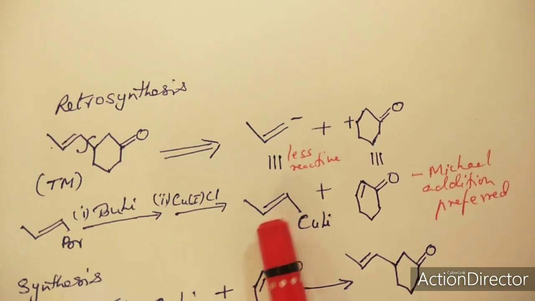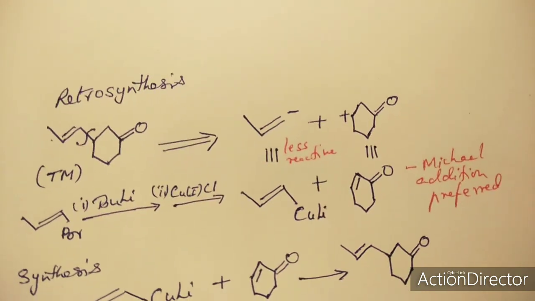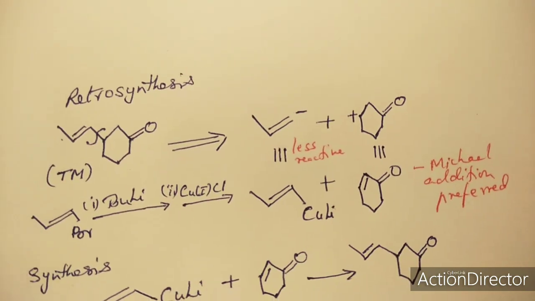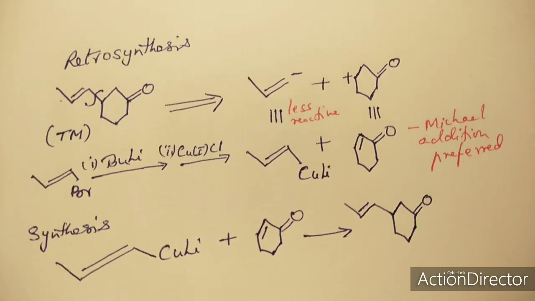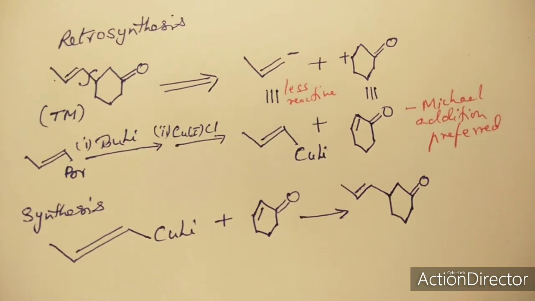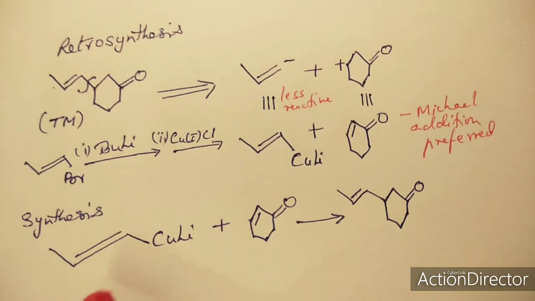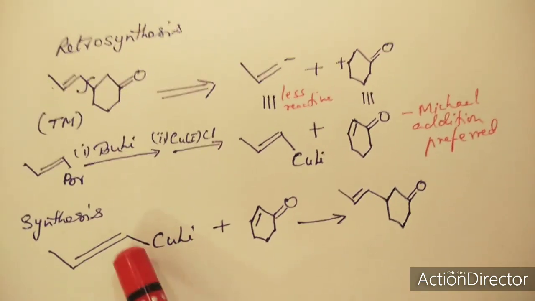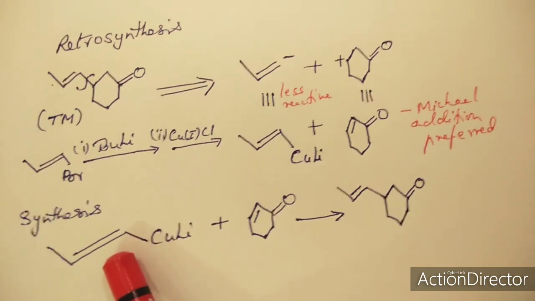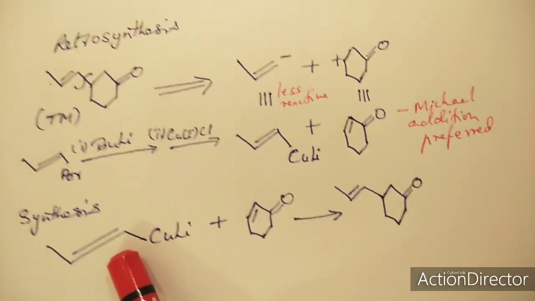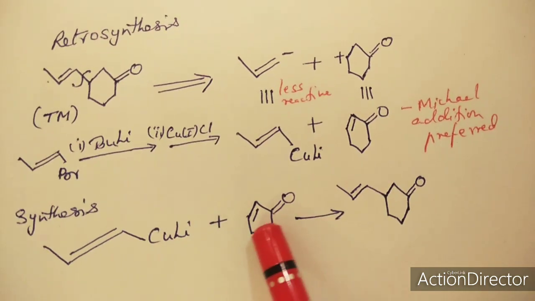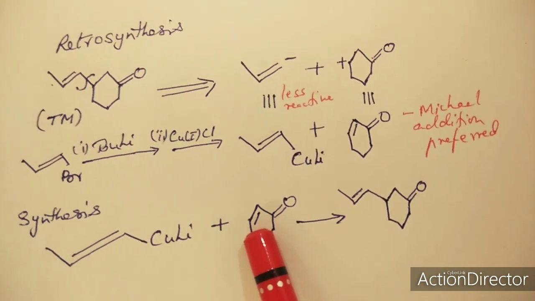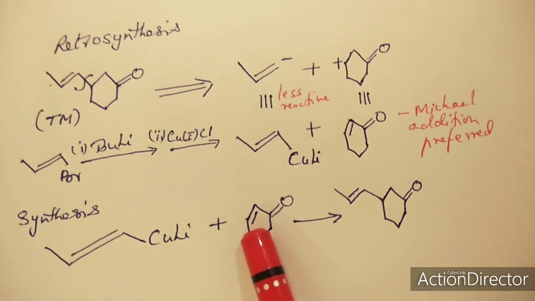So the synthesis is now easy to predict. How can this be found? We very well know this vinyl copper lithium reagent. This will lead to the formation of C negative here, and this will attack the alpha beta unsaturated ketone.